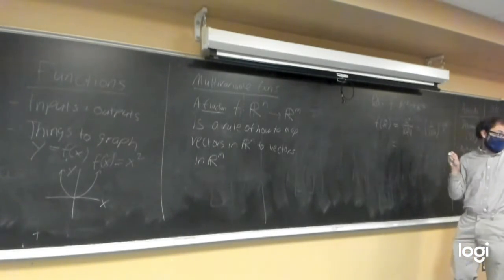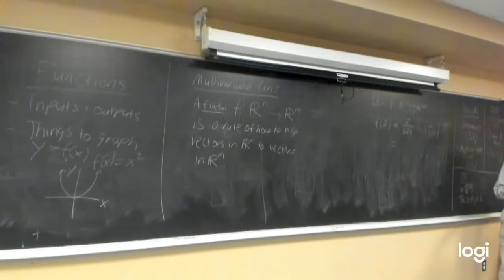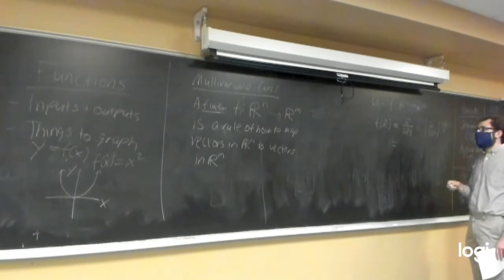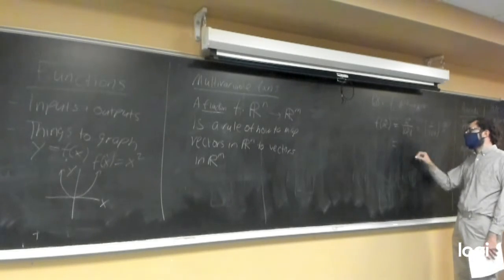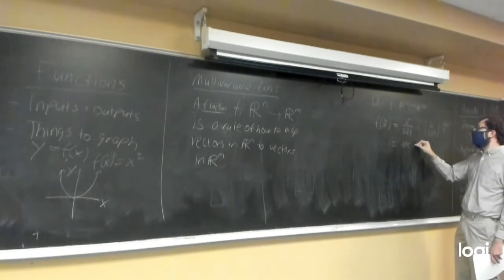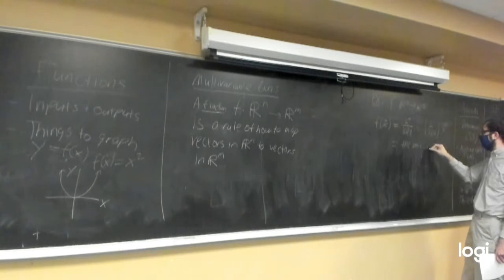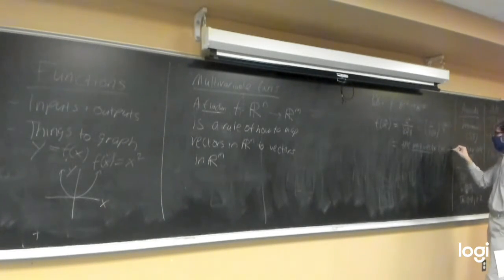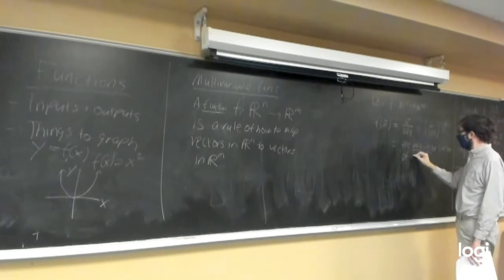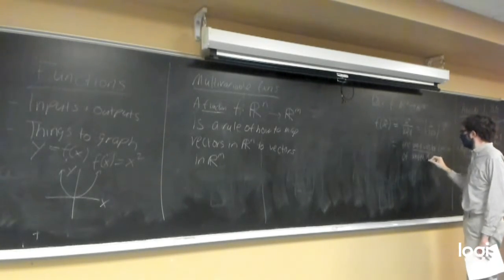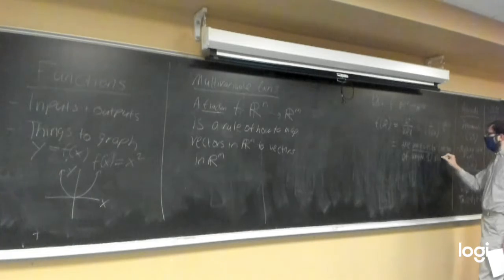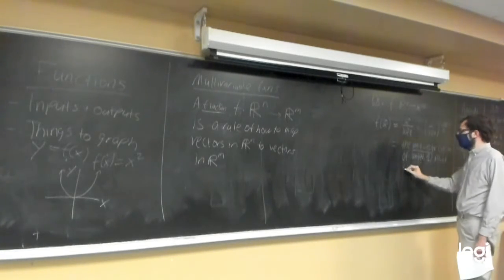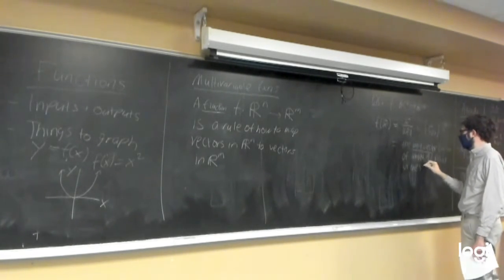Yeah, that's exactly it. What the function f does is take in a vector x and spit out the unit vector, meaning a vector of length 1, that points in the same direction as x.